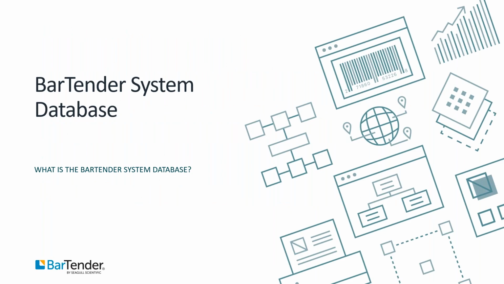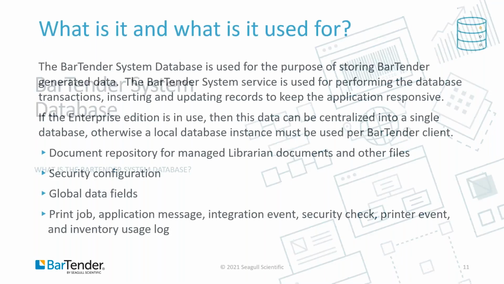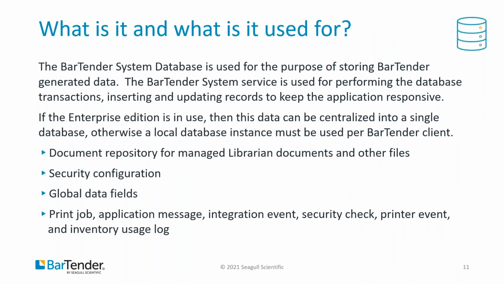So first we'll look at the BarTender system database. So what is the system database and what is its purpose? Well, the BarTender system database is used for the purpose of storing BarTender generated data. So it's not storing business data of the customer. It's only storing that data that is generated by the BarTender software itself.